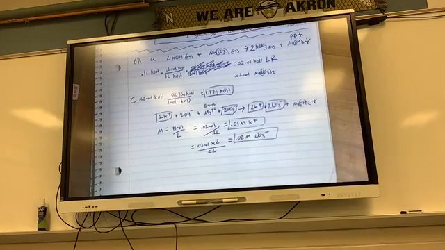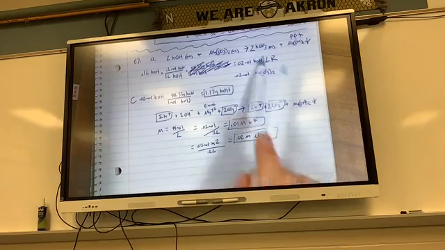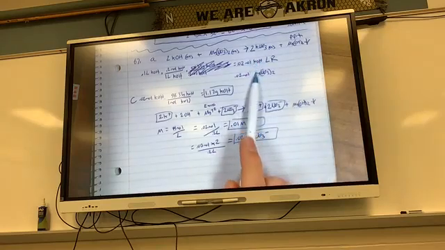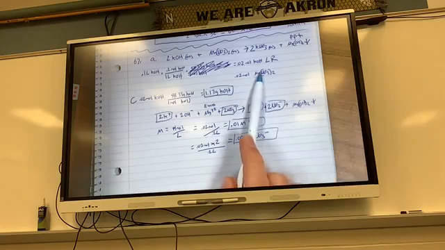Are we good so far? I have a quick question. Back to part C, when we determined 0.02 moles of KOH and also 0.02 moles of MgNO3, why are they both the same amount? Because they were both 100 milliliters and 0.2 molar.